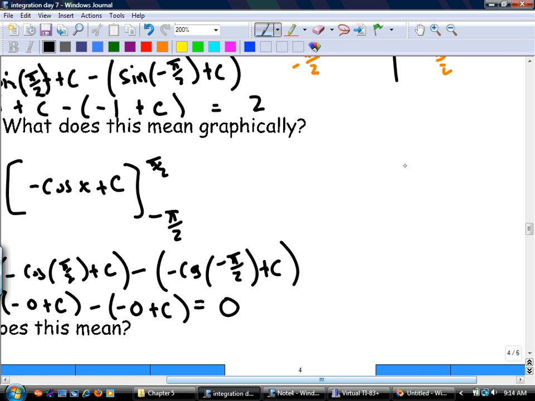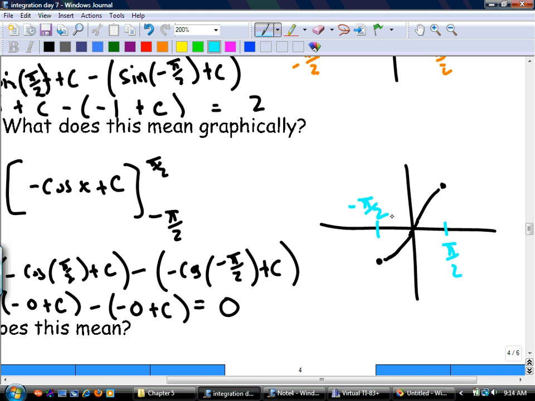Well, Mr. App, what it means is the sine graph, if I do equal amounts on either side of the y-axis, one area is negative the other area, so you're always going to get 0.